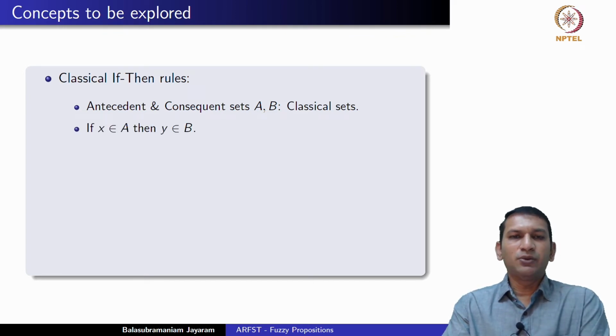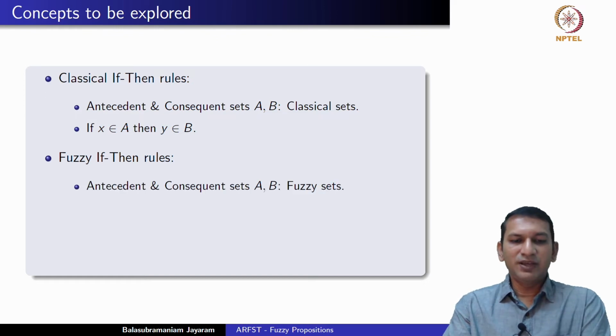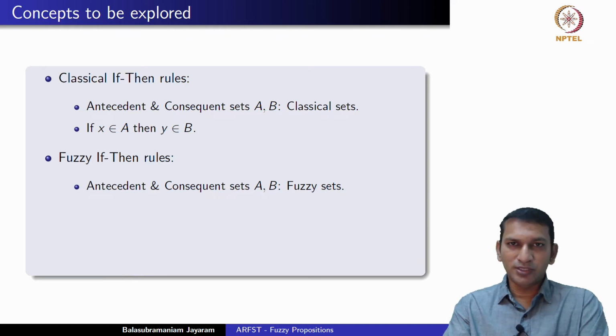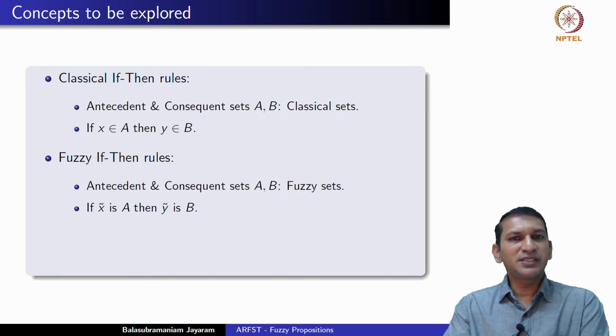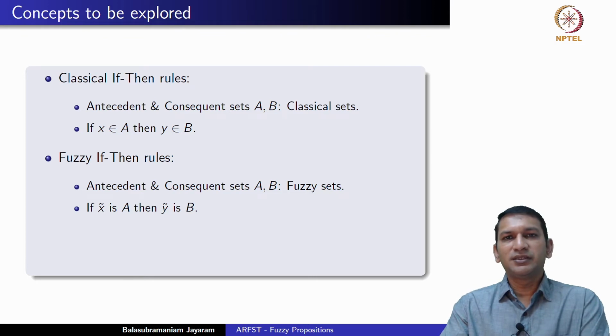For instance, it might look like this: if X belongs to A, then Y belongs to B. From here, we'll move into fuzzy if-then rules, where the antecedent and consequent sets are actually fuzzy sets over some appropriate domains, and the rules themselves would look like this: if X tilde is A, then Y tilde is B. So if tomato is red, then it is ripe.